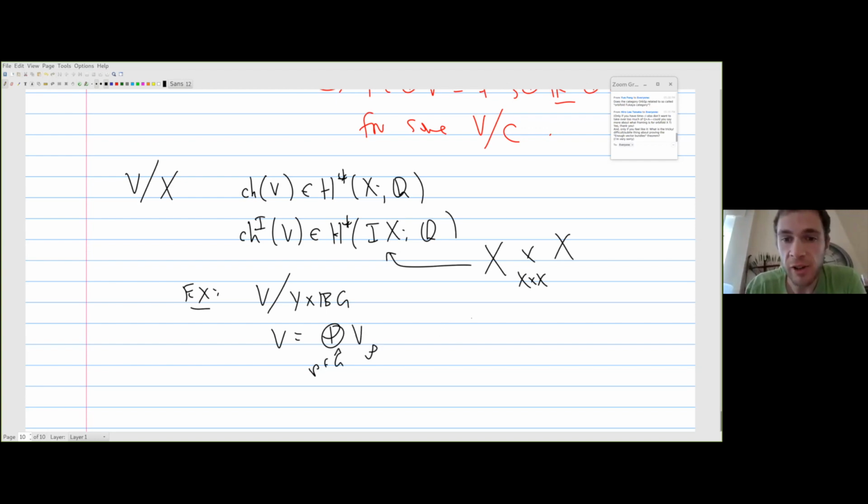And the inertial Chern character captures Chern characters of all these V_rho, whereas the Chern character of V itself just captures the Chern character of the vector bundle V over Y. So the proof of enough vector bundles just goes by showing that I'm going to define the vector bundle by saying it's going to have the trivial inertial Chern character.